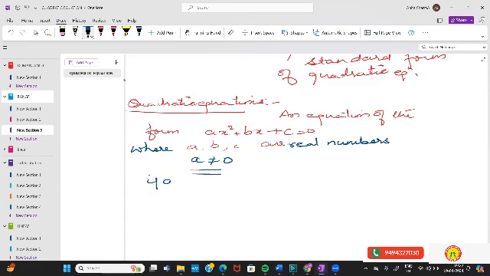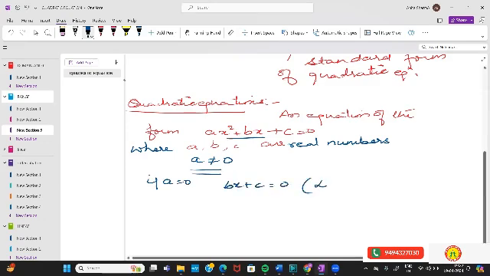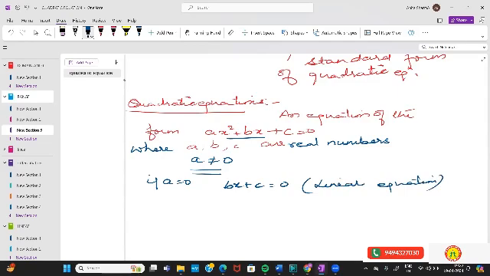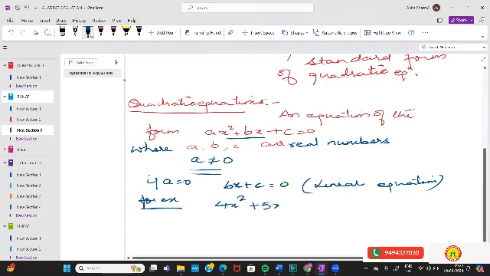Because if a is 0, then the equation will be bx plus c is equal to 0, and then it becomes a linear equation. So for an equation of the form ax square plus bx plus c is equal to 0, your a should be non-zero. For example, suppose you have the equation 4x square plus 5x plus 1 is equal to 0.